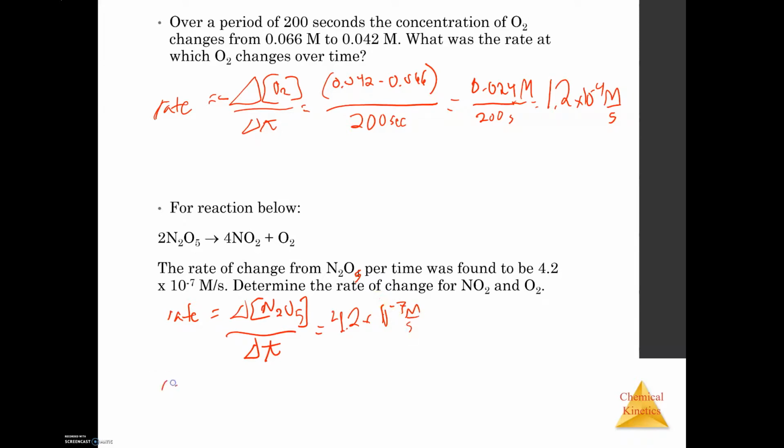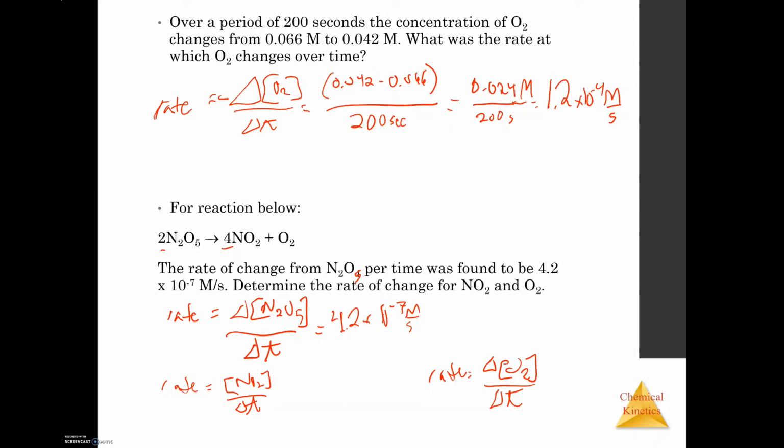What we need to do is figure out the rate for the concentration of NO2 per time, and we also need to figure out the rate of change in concentration of O2 per change in time. The way we're going to go about doing this is we're going to look at the stoichiometry. Now, if you look at the stoichiometry here, you've got 4 to 2 for NO2. So that means that twice as much NO2 is going to come out as compared to your 2 N2O5.